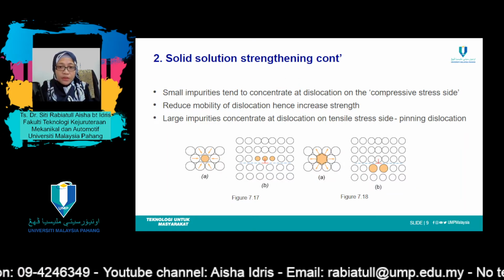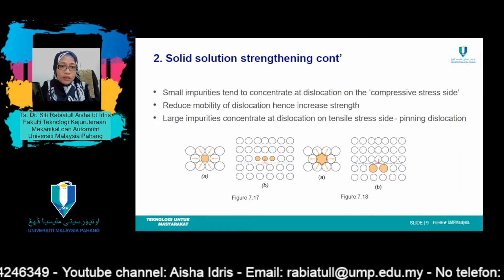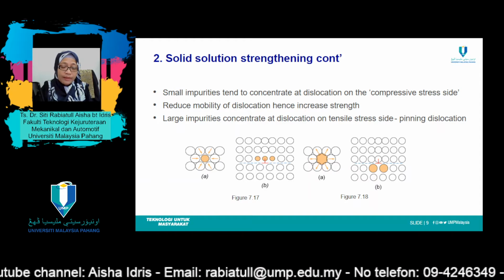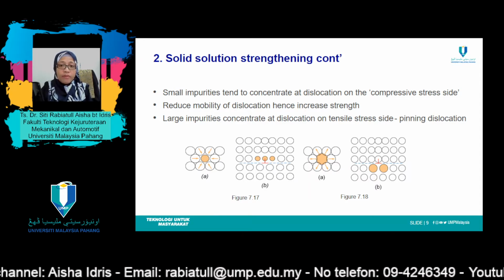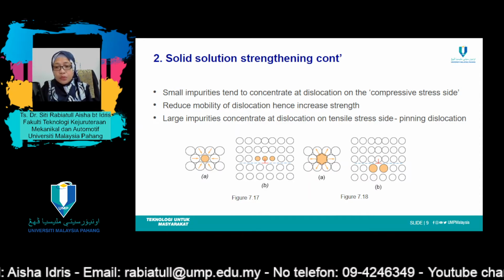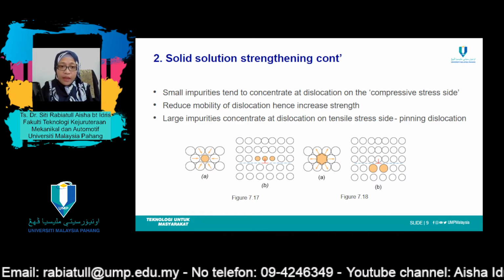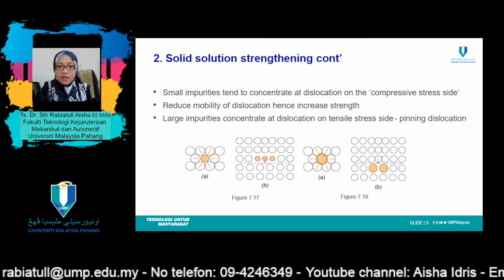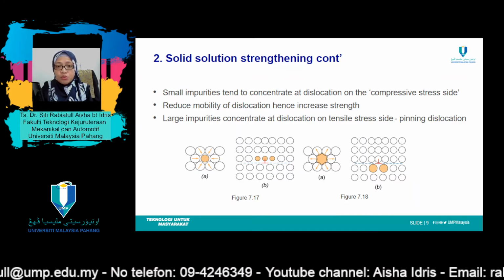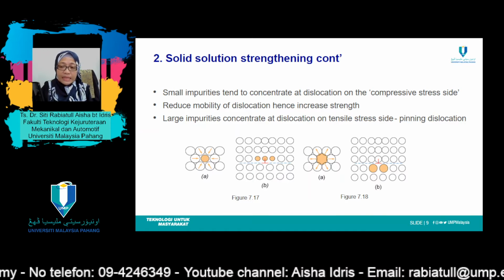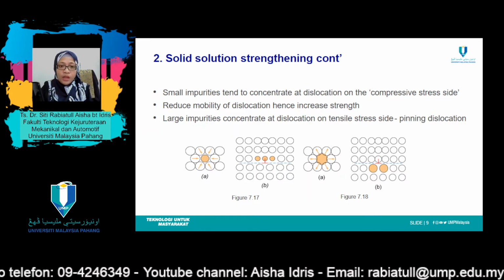For example, an impurity atom that is smaller than the host atom for which it substitutes exerts tensile stress on the surrounding crystal lattice, as illustrated in figure 7.17a. Conversely, a larger substitutional atom imposes compressive strains in its vicinity, as shown in figure 7.18a.